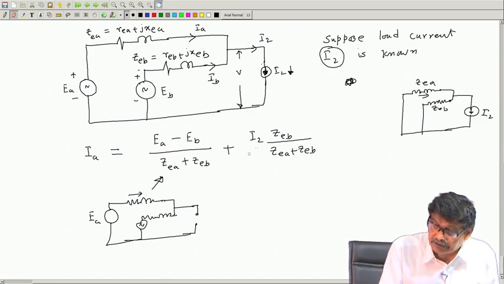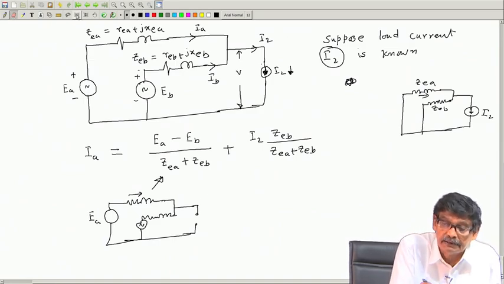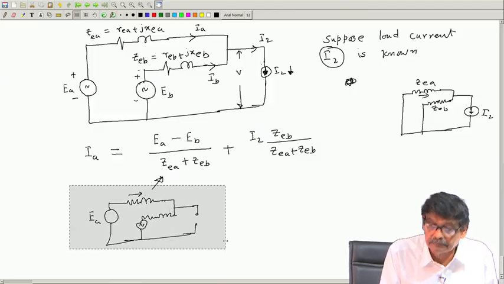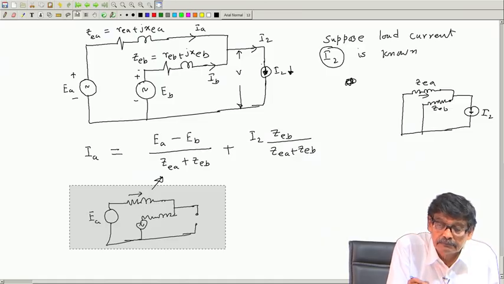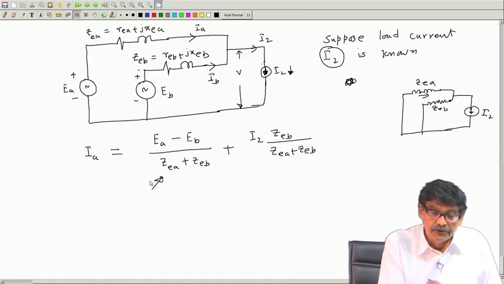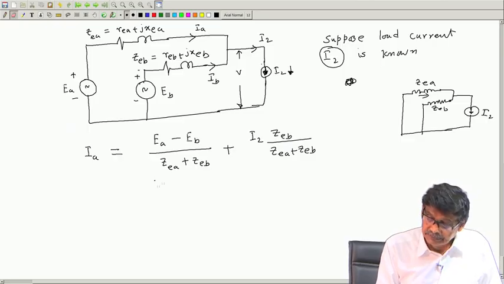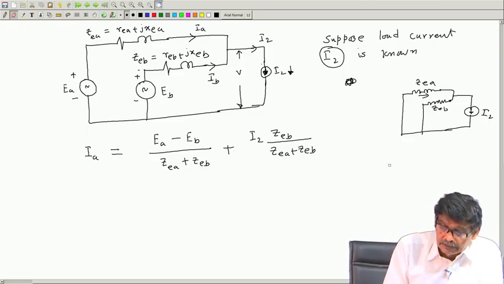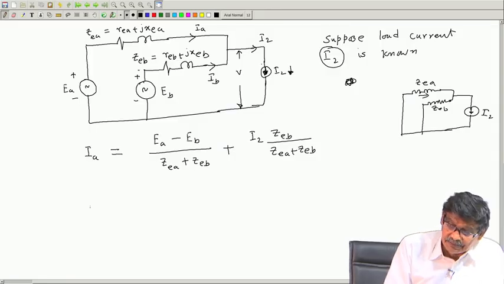And this equation is important, necessary. Now, if you get this, this will be IA, clear.